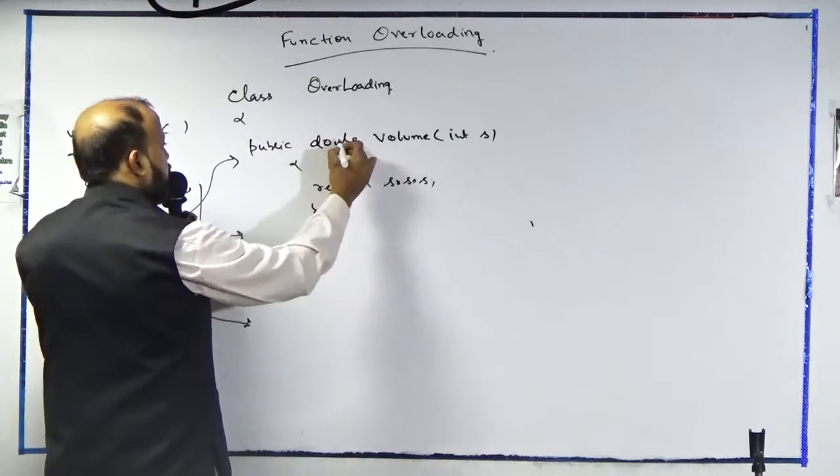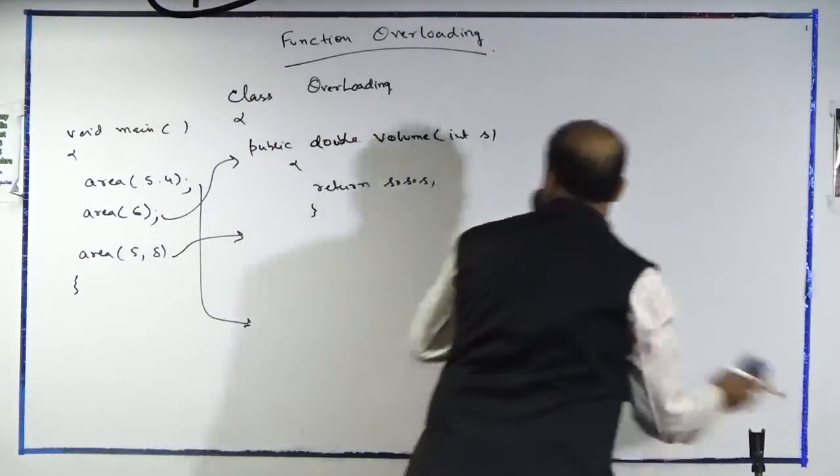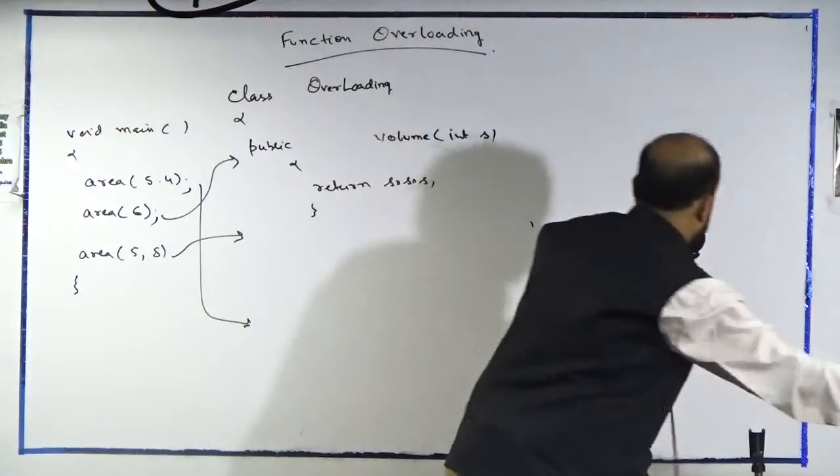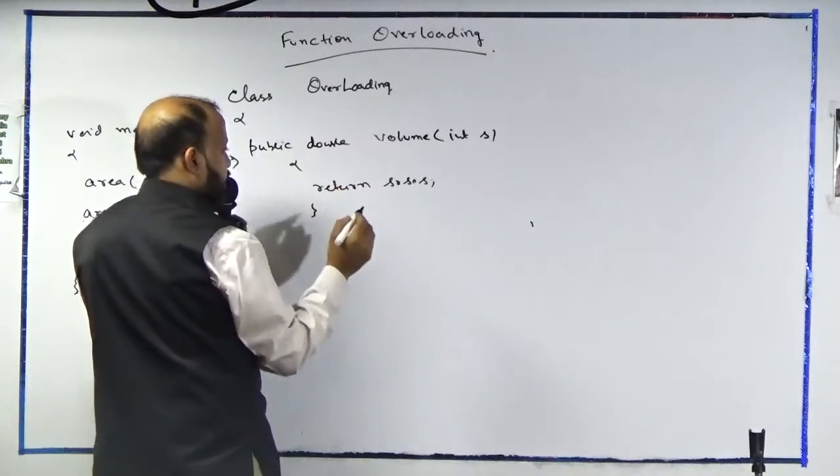Now why return? Because we have double here. We don't have a return type with void. We have a return type with double, which means it is going to return a double.